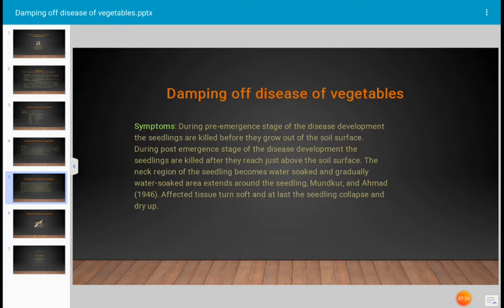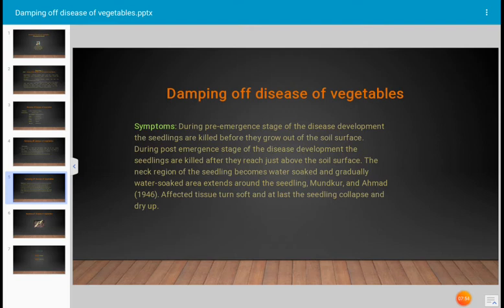We know from the theory that this disease occurs in two stages, that is pre-emergence damping off and post-emergence damping off. When the seed comes in contact with the pathogen below the soil surface after sowing, it gets infected and rotted because of the infection of the pathogenic organism Pythium aphanidermatum or Pythium debaryanum.